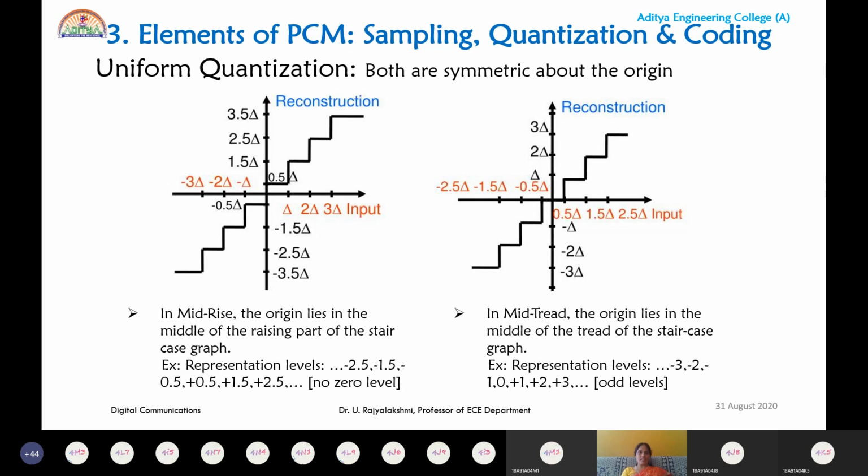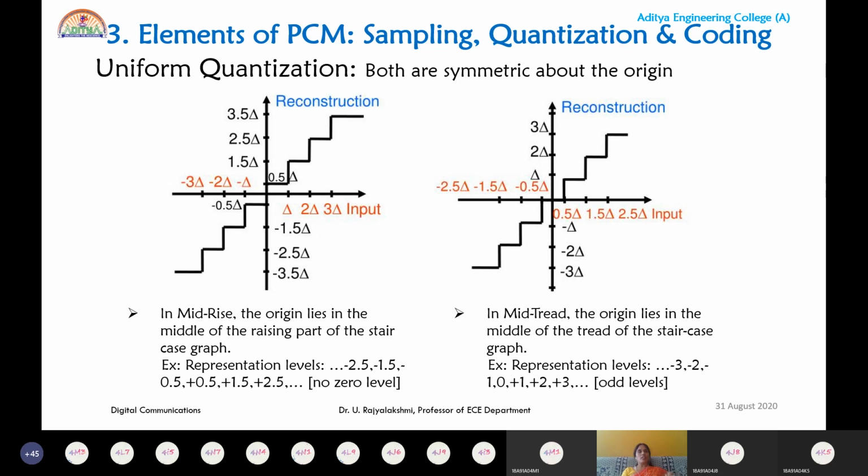In the case of mid-rise, the origin lies in the rising portion, so in the representation levels we don't get the 0 level. But in the case of mid-tread, because the origin lies in the horizontal position of the staircase waveform, you will have the 0 level as one of the reconstruction or representation levels. That is the basic difference between mid-rise and mid-tread.